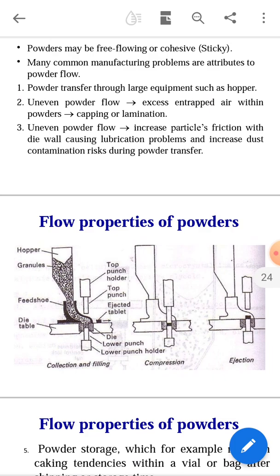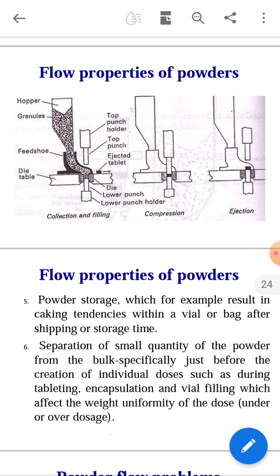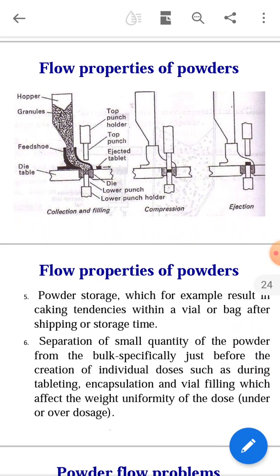Uneven powder flow can increase the particle friction with the die wall, causing lubrication problems, increased dust contamination, and risks during powder transfers. These problems occur due to cohesive powders or increased concentrations of lubricant and glidant. If the lubricant quantity is increased, there is also a problem. If the lubricant quantity is low, there is also a problem.